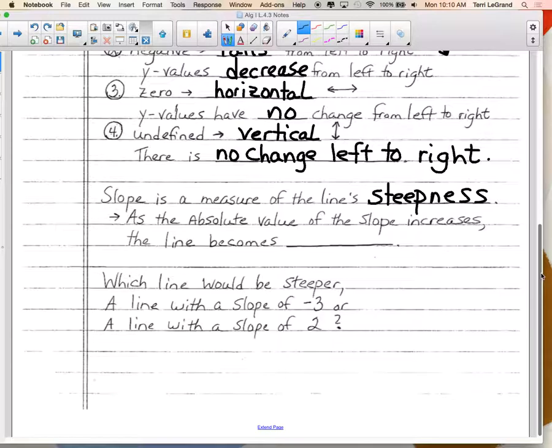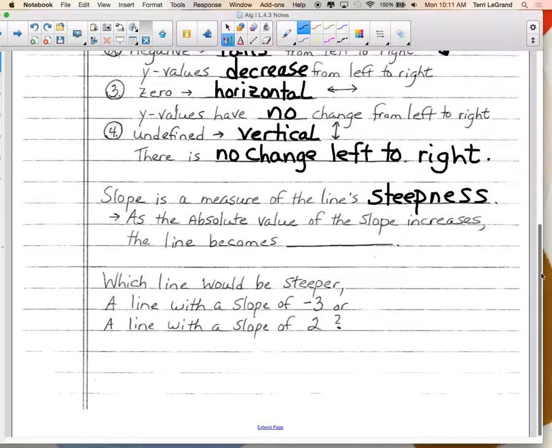We're going to look at the absolute value of the slope. What's absolute value again? Distance from 0. So we're looking for which one has a greater distance from 0. Which one's further away from 0?